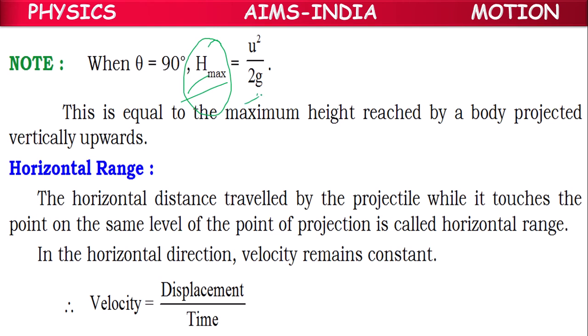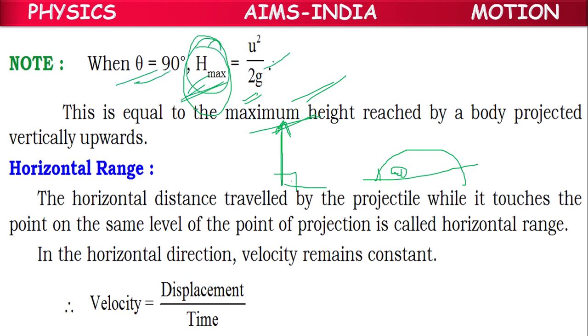In an oblique projectile, if we throw with 90 degrees, it will be equal to a body projected vertically upwards. So in this case, it can reach maximum height. So when theta is 90, h max will be maximum.